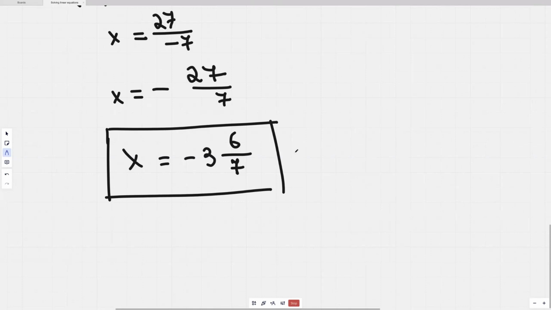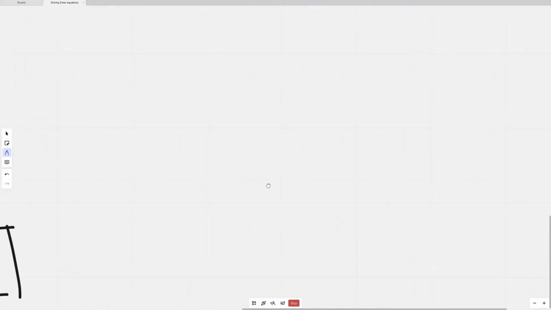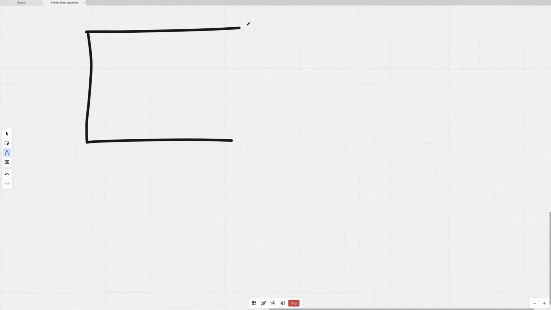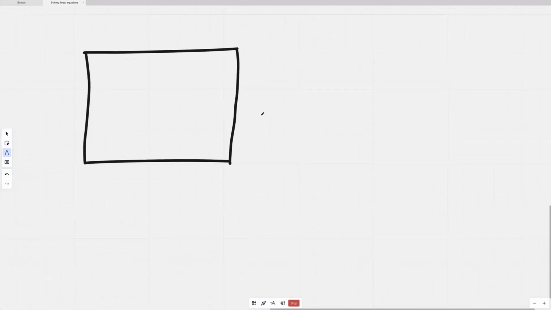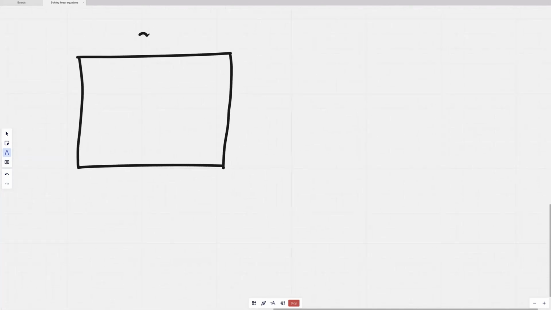So then, let's work with some shapes, right? Let's say we have a triangle, no, a rectangle, and one side is 8 minus 3x, and its second side is 2 times (5 minus 2x).